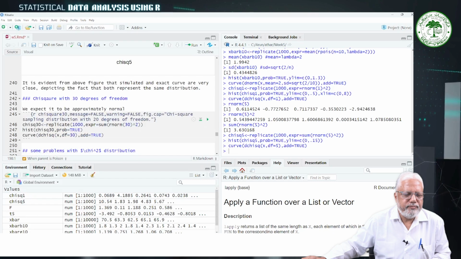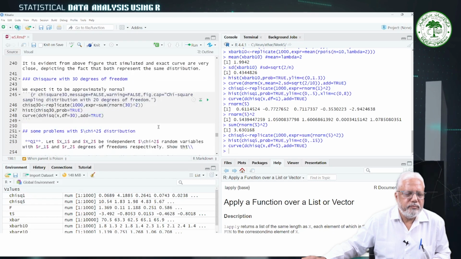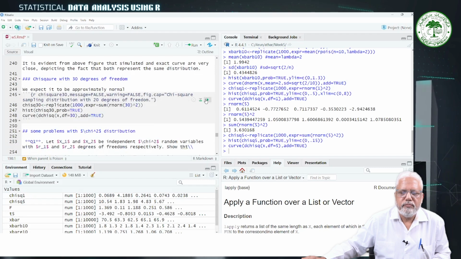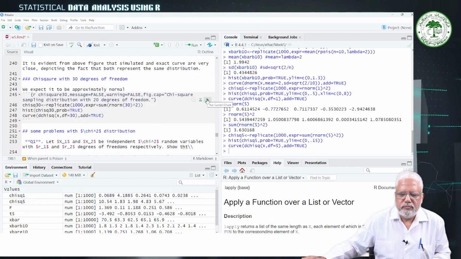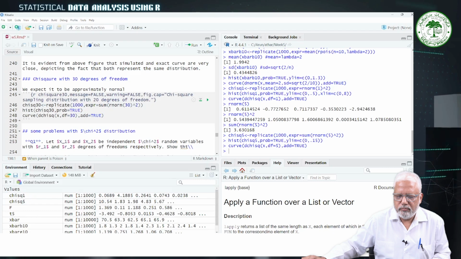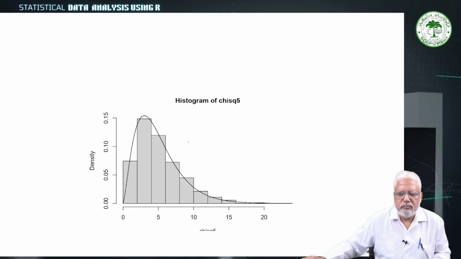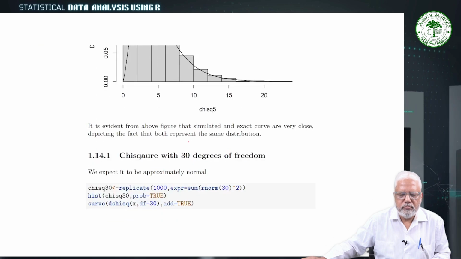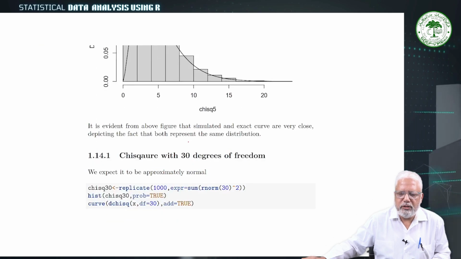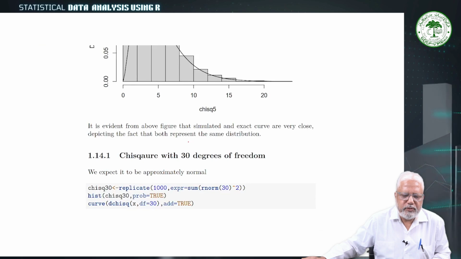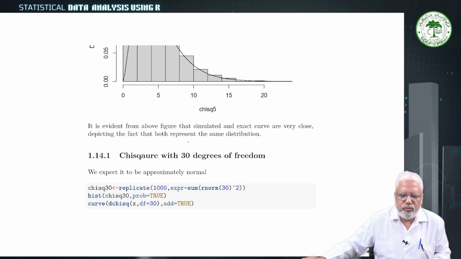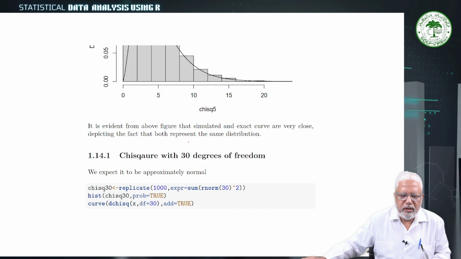So here, chi-square with 30 degrees of freedom, we expect it to be approximately normal.